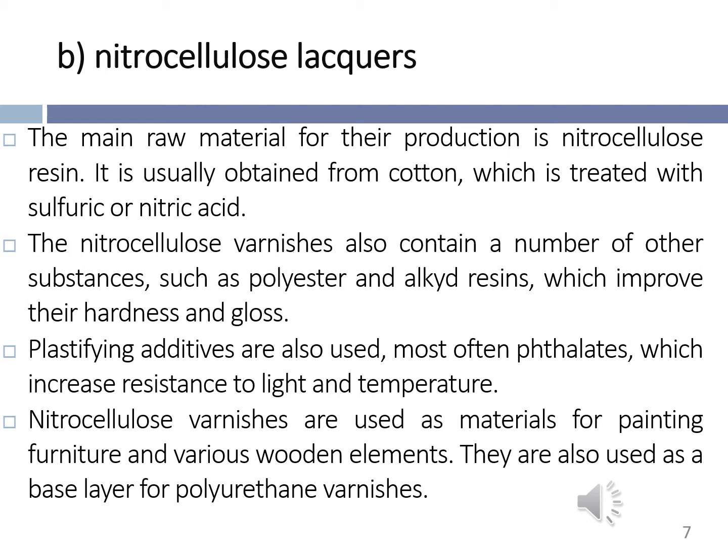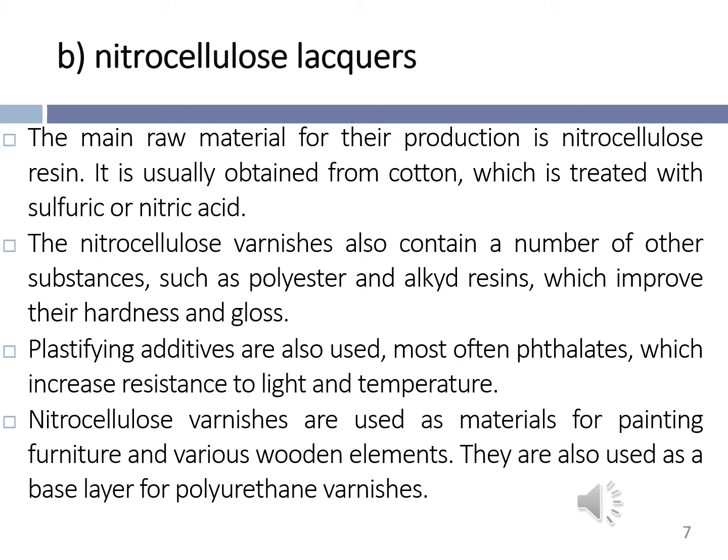What are the major raw materials which are used in the production of nitrocellulose lacquer? The main raw material for their production is nitrocellulose resin. It is usually obtained from cotton which is treated with sulfuric or nitric acid.